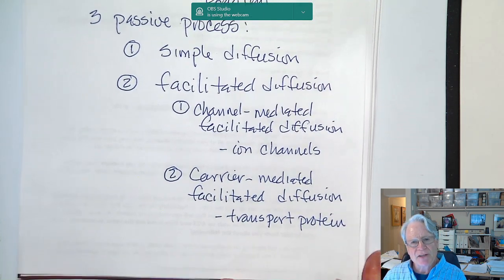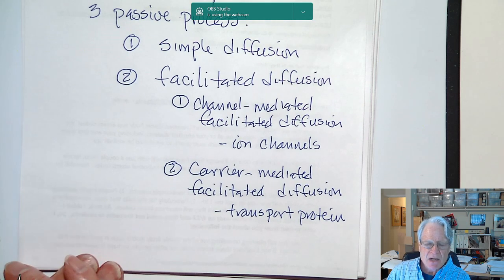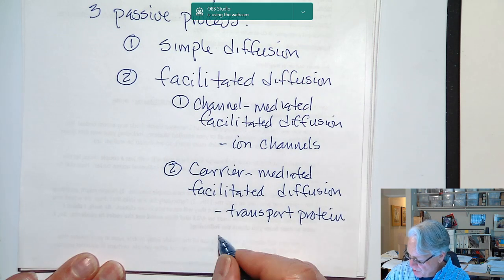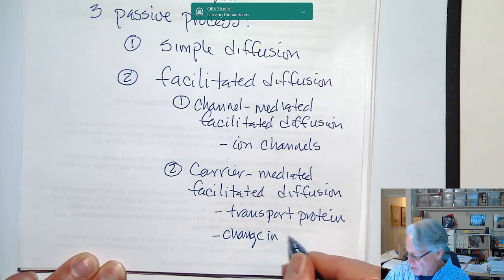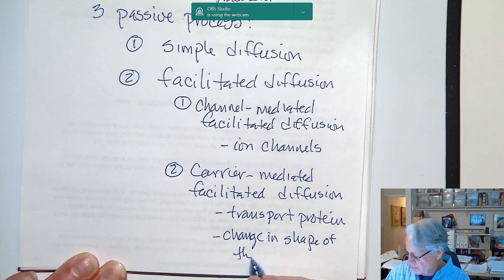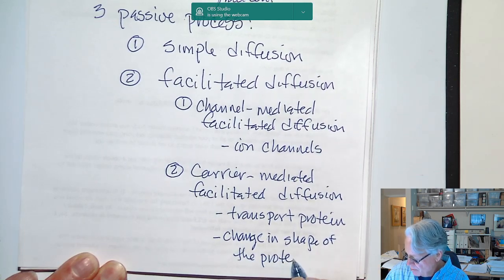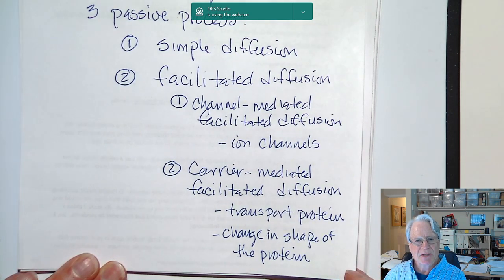And if you recall in our discussion, transport proteins work to move something across the membrane as a result of the change in shape of that protein. So what we're going to get is a change in shape of the protein. That is carrier-mediated facilitated diffusion.